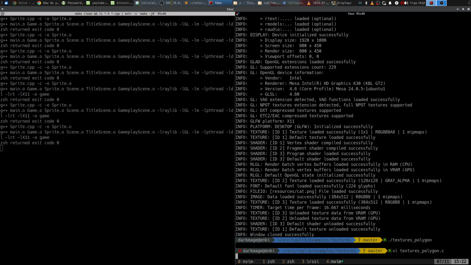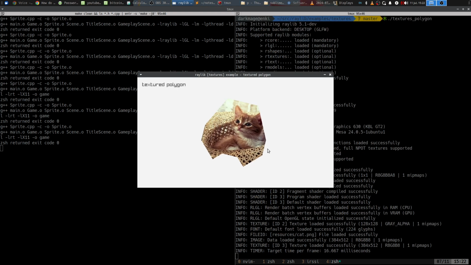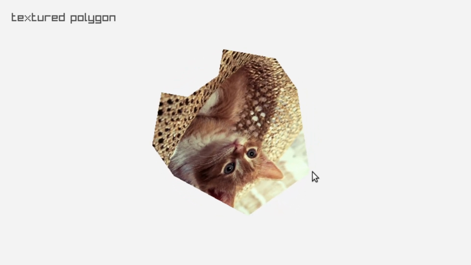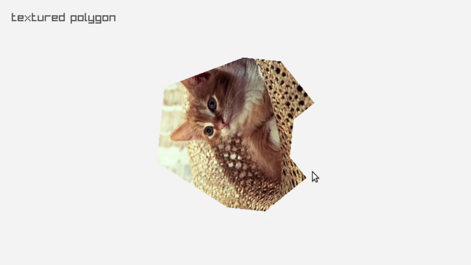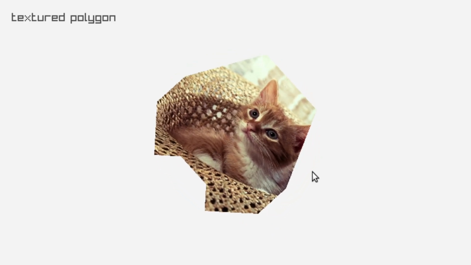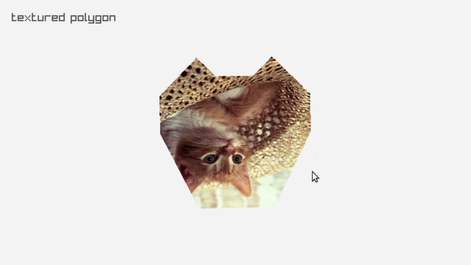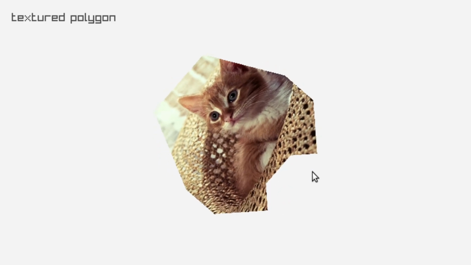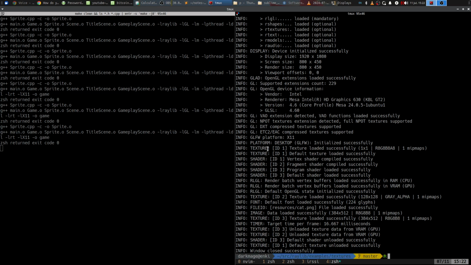For instance, right there, where they're rotating a cat inside of a complex polygon that they've defined. So this should be a pretty straightforward one-to-one.